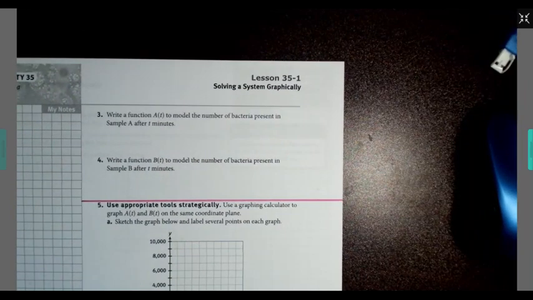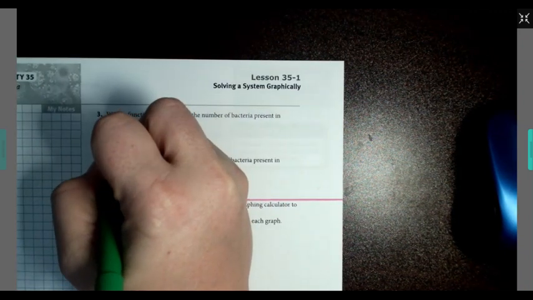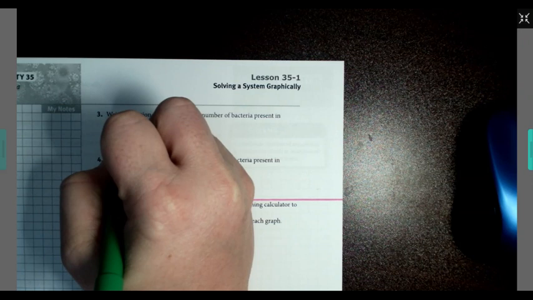All right, we're moving over to 3. Write a function, a of t, to model the number of bacteria present in sample A after t minutes. Well, first thing we have to ask ourselves, what did we start with?